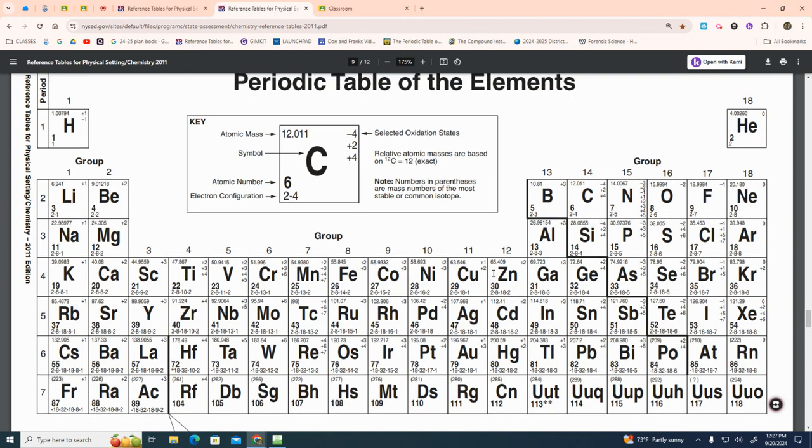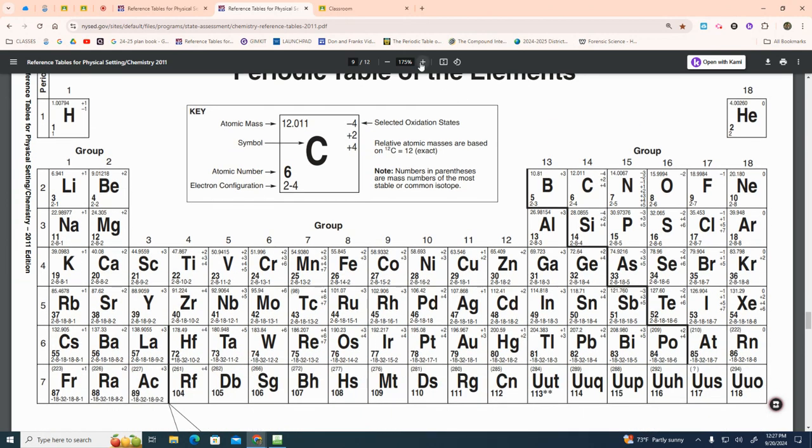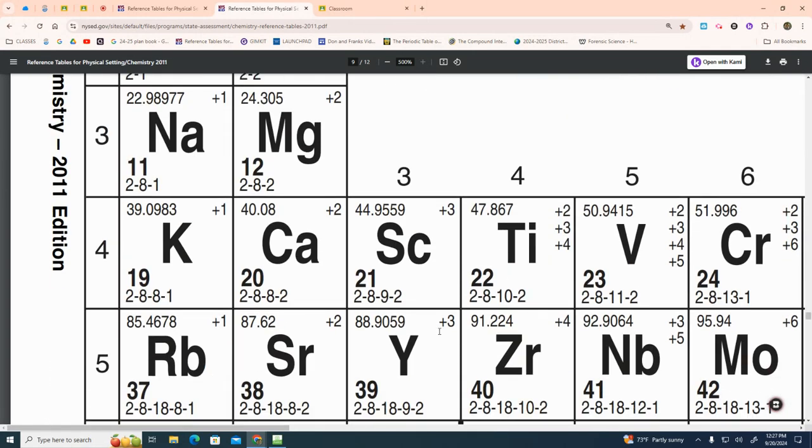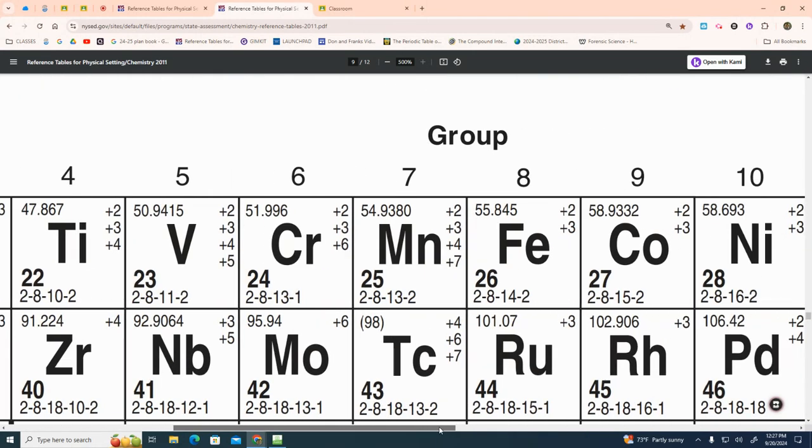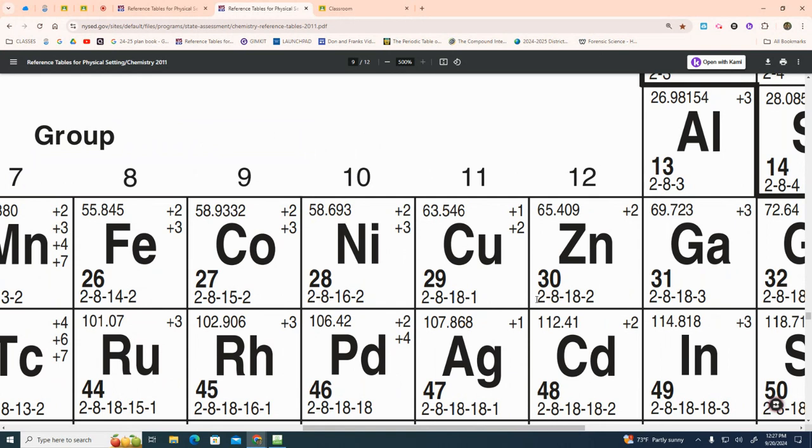In zinc, zoom in to zinc. Okay. I have 2 electrons in my first, 8 electrons in my second, 18 in my third, and 2 in my fourth. You don't have to think about it. It tells you where they go.